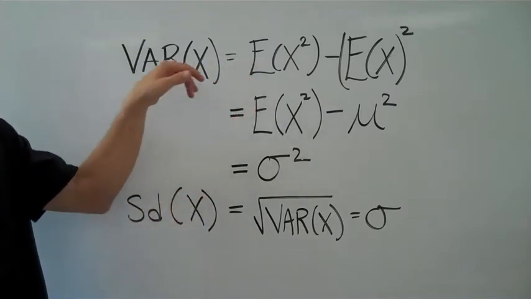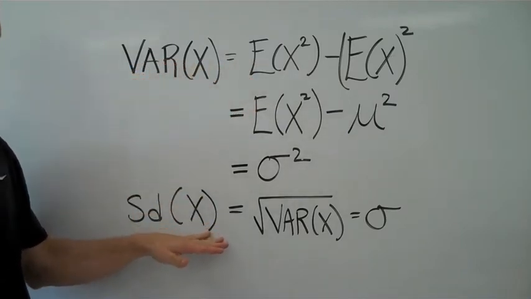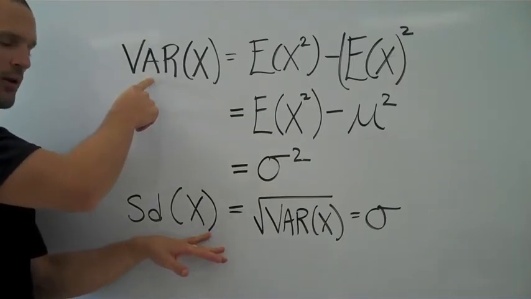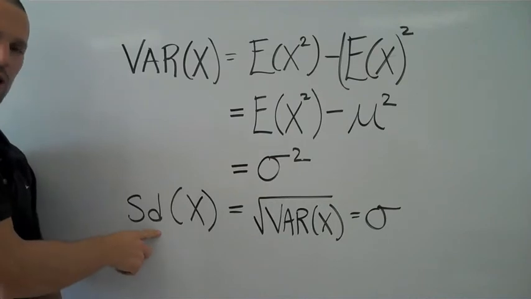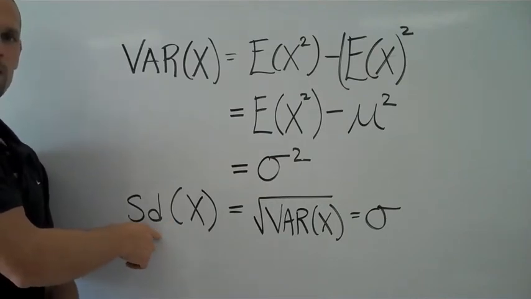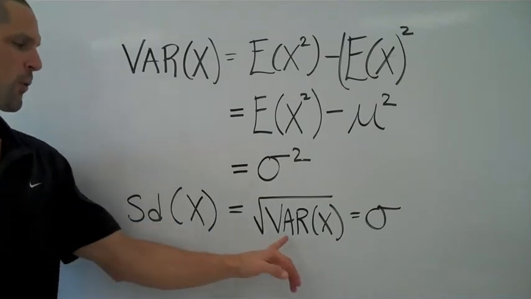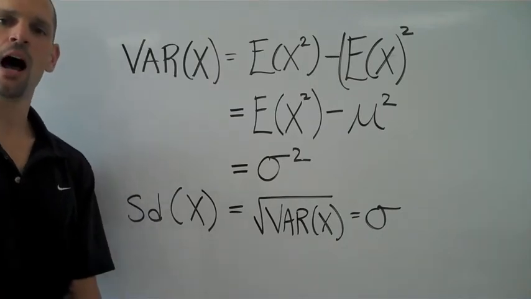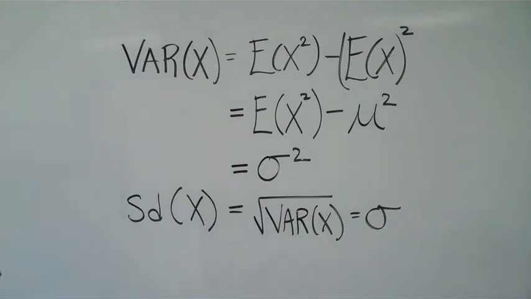The expected value has the same units as standard deviation. The variance has squares of that unit. So standard deviation goes with the expected value to measure spread, and it's the square root of variance. Why? Because it's in the same units as our expected value.